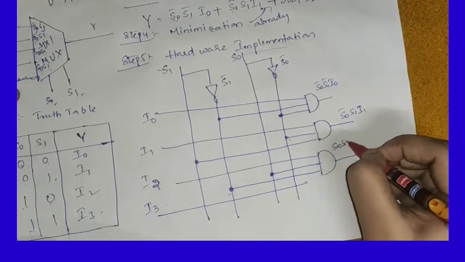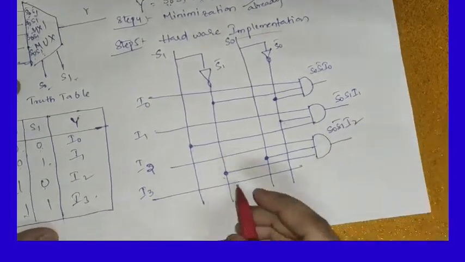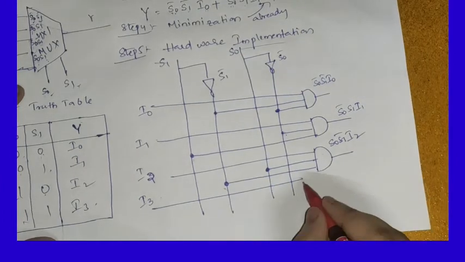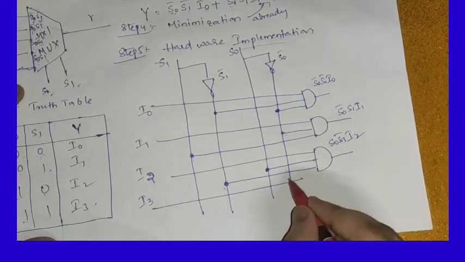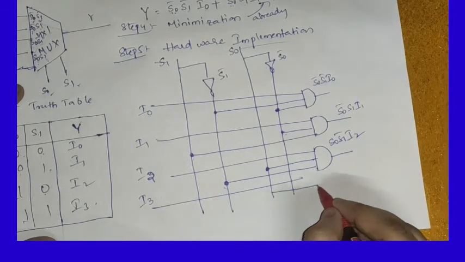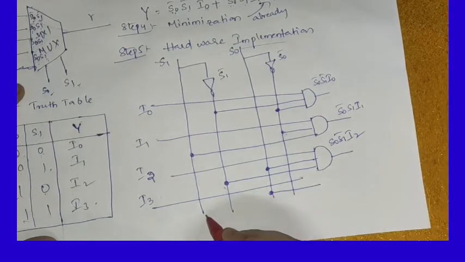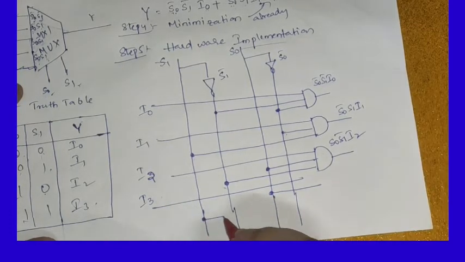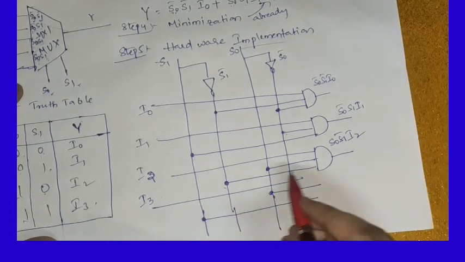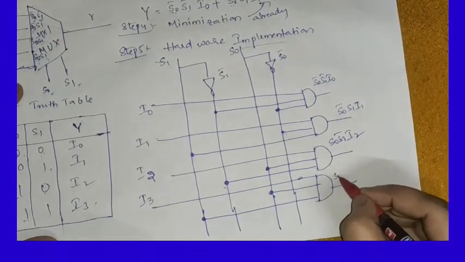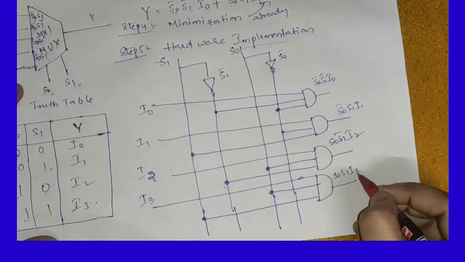And for the fourth we have the I3 input and S0, S1. So take S0 and S1 and I3, and we get S0, S1 and I3.